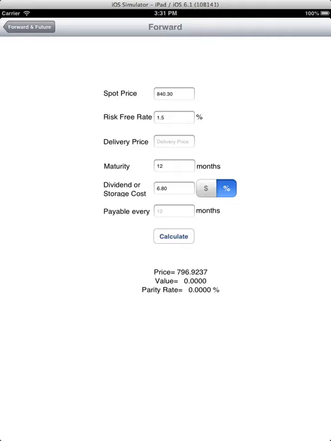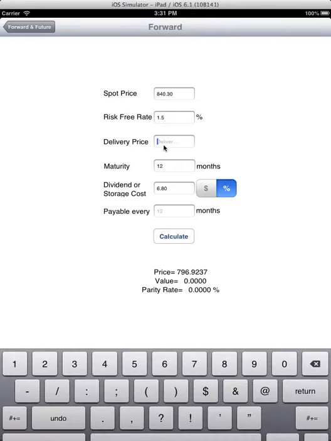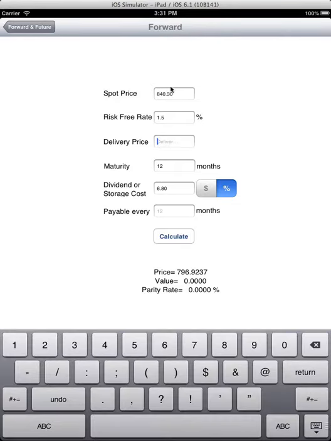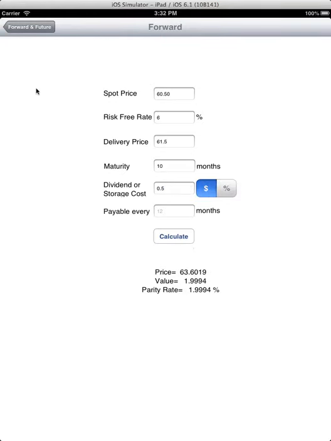Let me also perform another analysis. Say the spot price is 60.50. Risk-free rate is 6%. Delivery price is 61.5. Maturity is 10 months, and 0.5 is the rate, and here we calculate. That's the value, that's the parity rate.